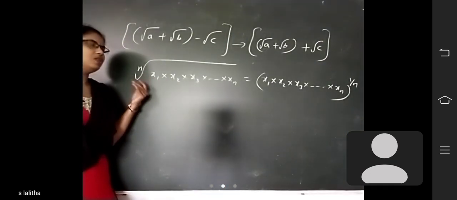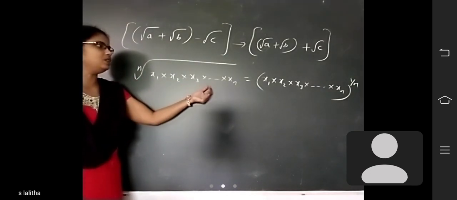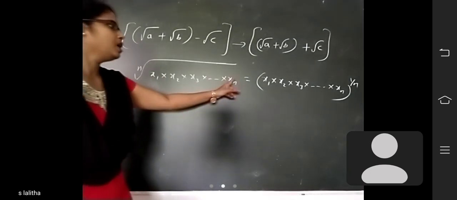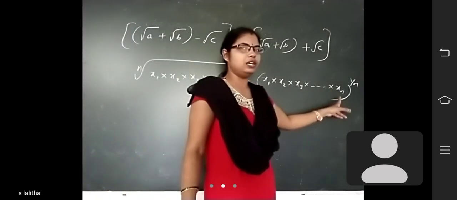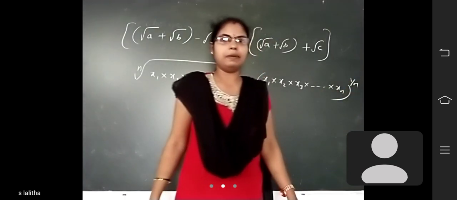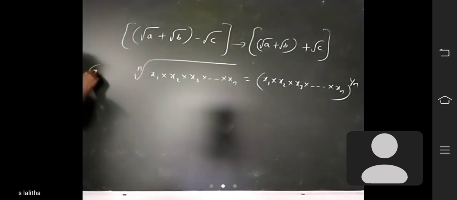So here, the geometric mean formula: nth root of x1 into x2 into x3 into so on xn is equal to x1 into x2 into x3 into so on into xn whole power 1 by n. So this is the geometric mean formula.